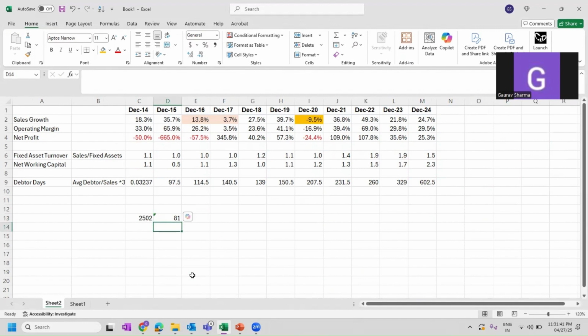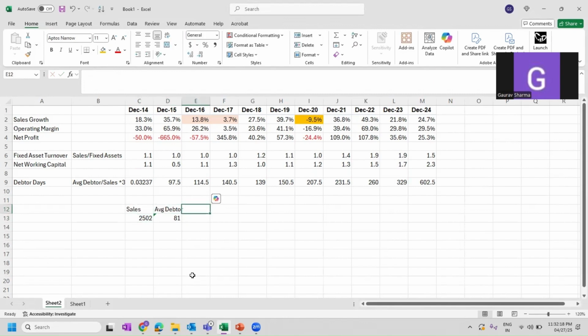So you're just trying to identify the percentage of the credit sale in the overall sale. I know these are not the real numbers, and the real numbers may be completely different from what we are calculating, but this still gives you a sense of how your numbers are going. Okay, so this is my average debtor, meaning simply the credit sales I have made in the year, and this is the total sales.